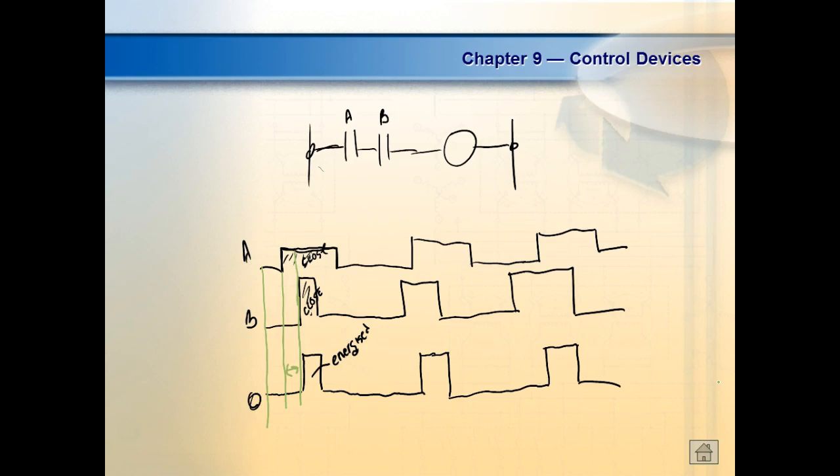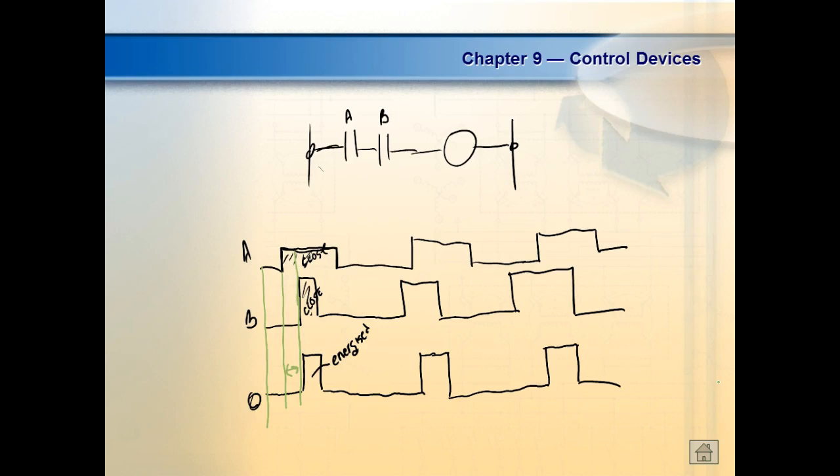Here, A is closed, B is closed, so the output would be energized. Here, A is closed, but B is not closed, so the output would not be energized. Here, A is not closed, but B is closed, so the output would not be energized. So the output is only going to be energized at that time.